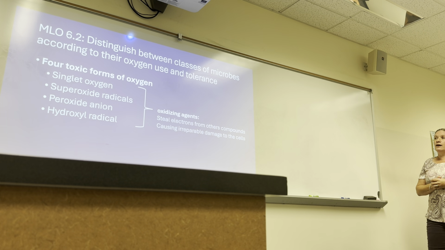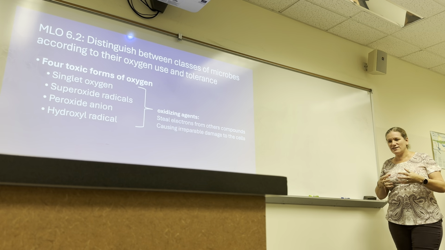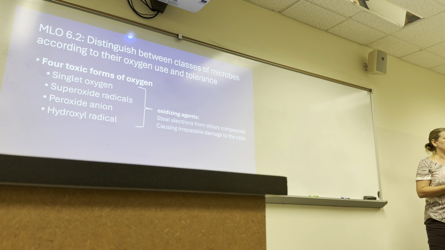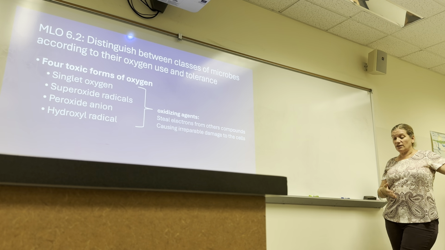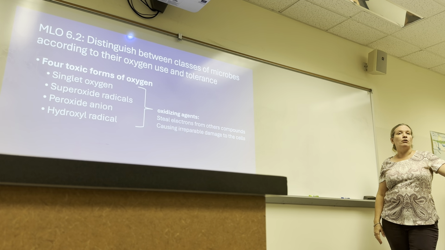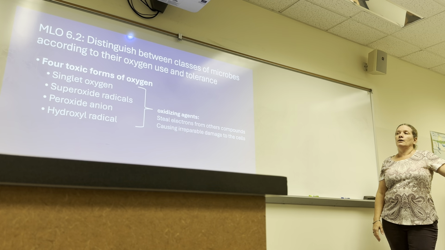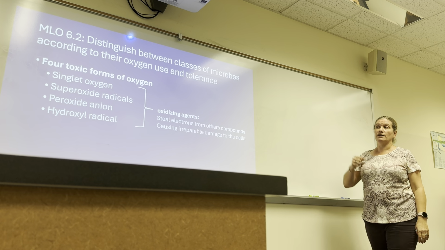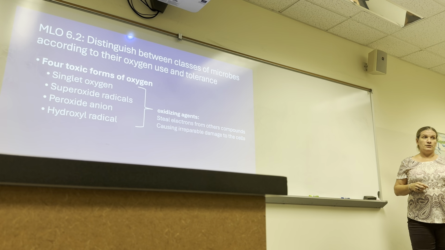Oxygen, though, has a little bit of a problem that coexists with that particular element, and that's the fact that it's highly electronegative. When cells are metabolizing in the presence of oxygen, toxic forms of oxygen are produced: singlet oxygen, superoxide radicals, peroxide ions, and hydroxyl radicals.